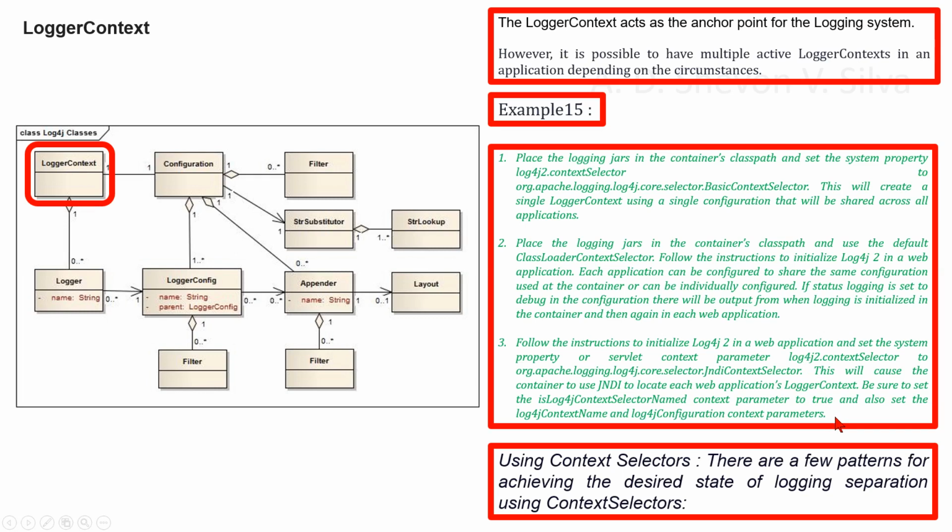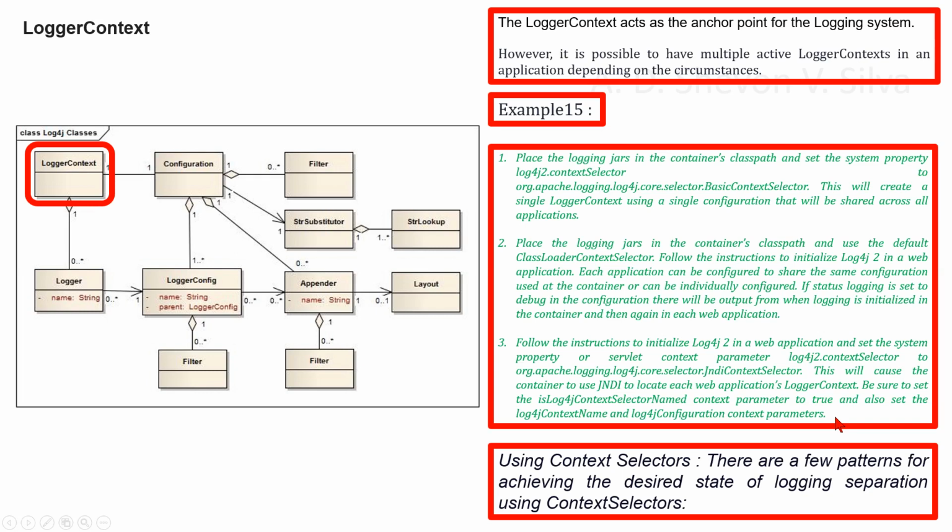Step 3: follow the instructions to initialize Log4j 2 in a web application and set the system property or servlet context parameter log4j2.contextSelector to org.apache.logging.log4j.core.selector.JndiContextSelector. This will cause the container to use JNDI to locate each web application's logger context.